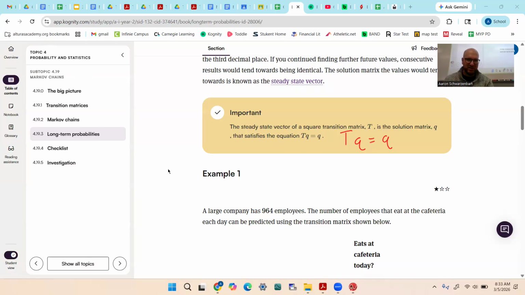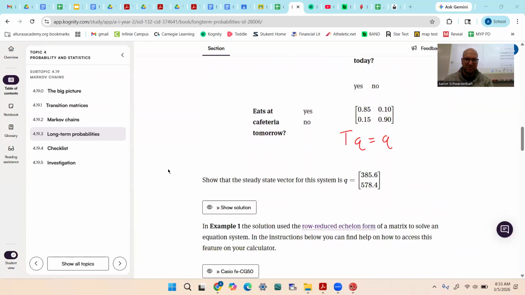So how to actually do this in the way that they really want it shown. Show that the steady state vector for this system is this. What that involves doing is taking the transition matrix, multiplying by the steady state vector, and it should equal the steady state vector.